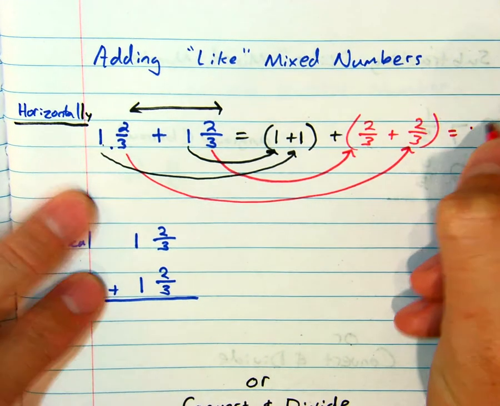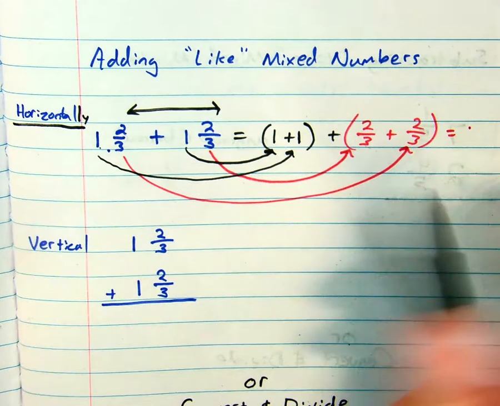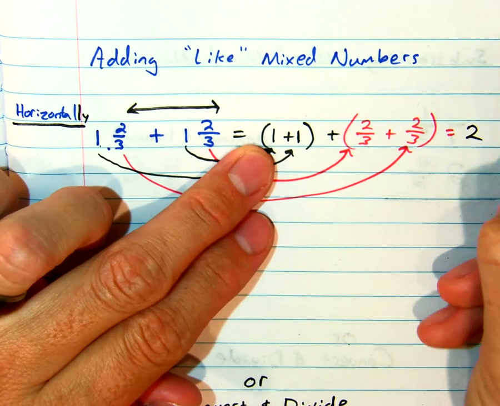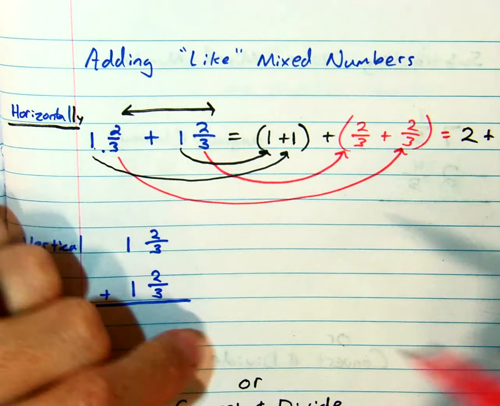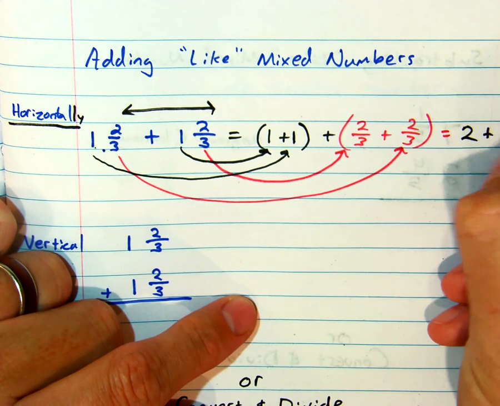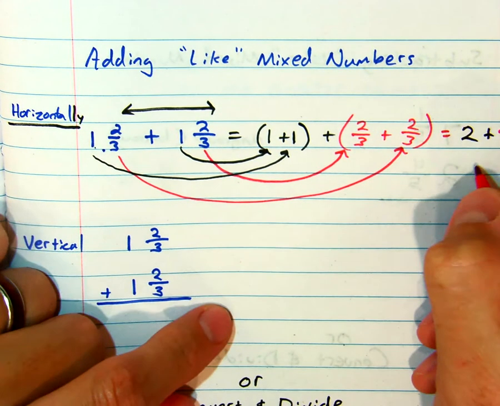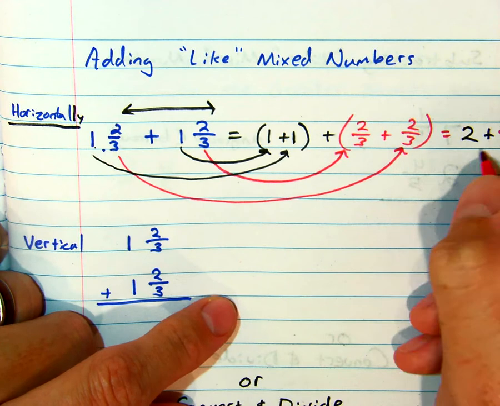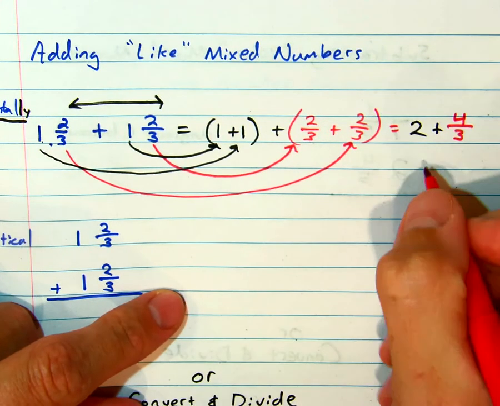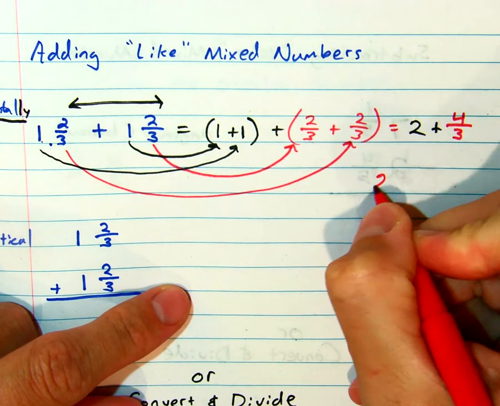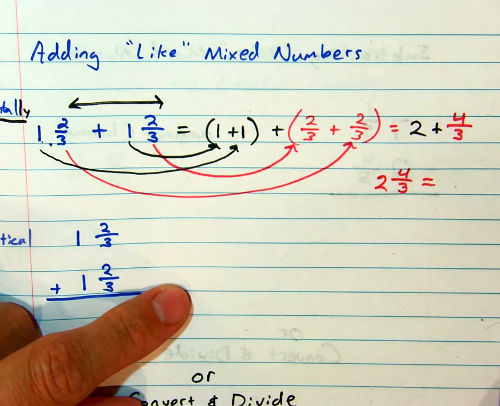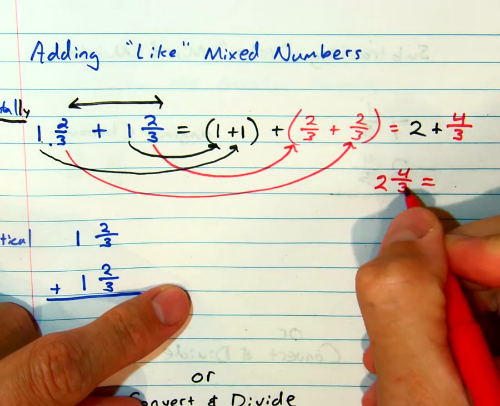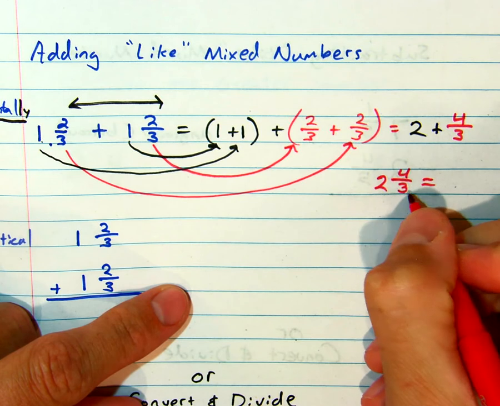Oh, let me keep this color coded. 1 plus 1 is 2, plus 2 plus 2 is 4. Keep the denominator, and we could rewrite this as, I'm going to keep this in red, 2 4/3. How many thirds go in there to make one whole?